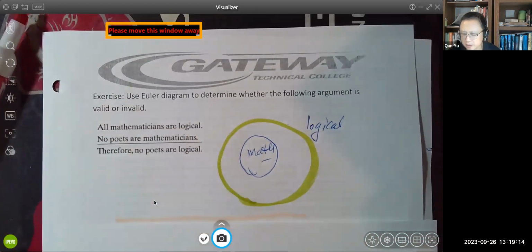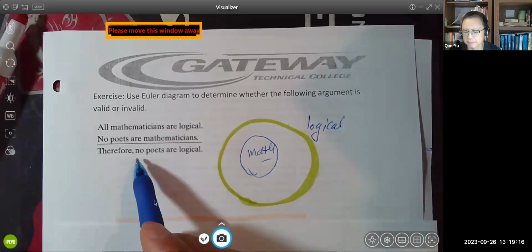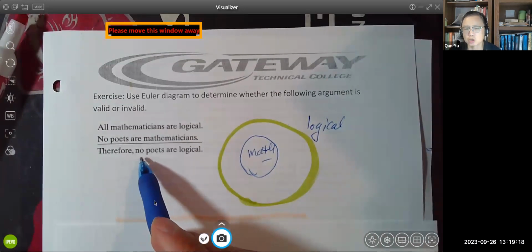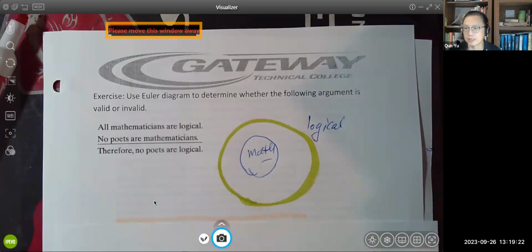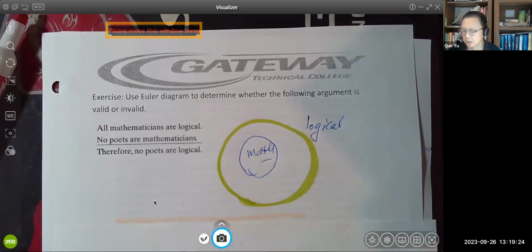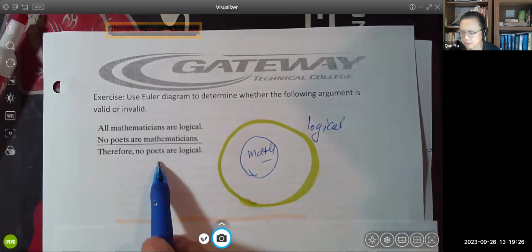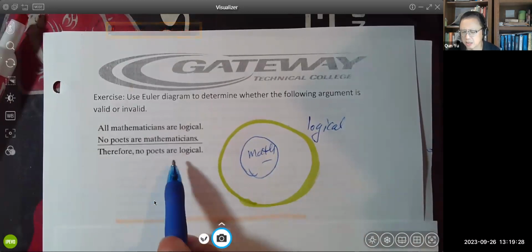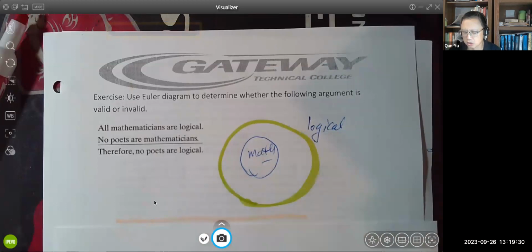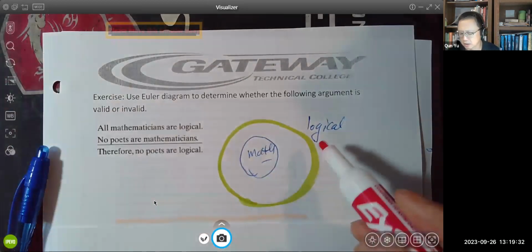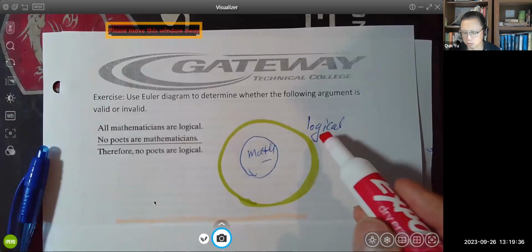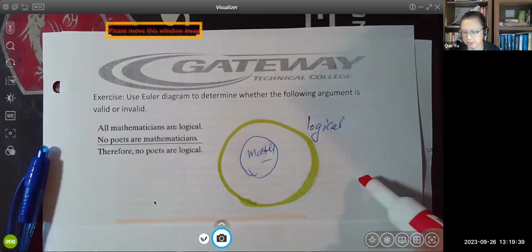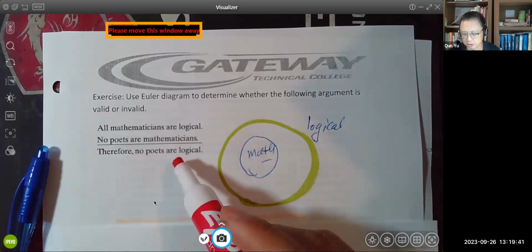Whenever you have different scenarios, you look at the conclusion first to see which two circles are involved in the conclusion, because you want to go against them again. So they say no poets, which is the new circle, the red one, are logical. This is logical. So they want this red circle to be entirely separated from the green one. That means it has to be outside in order for this to be correct.